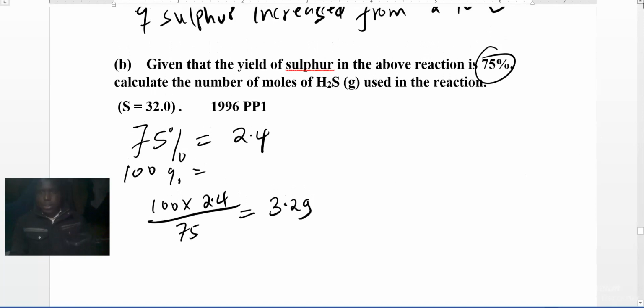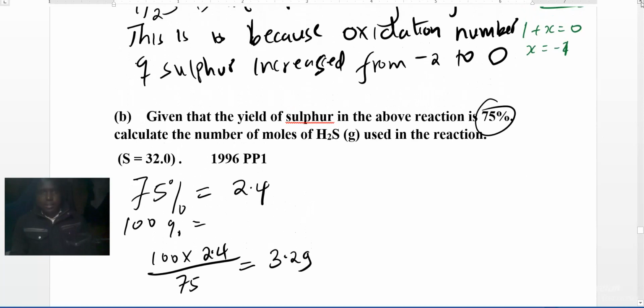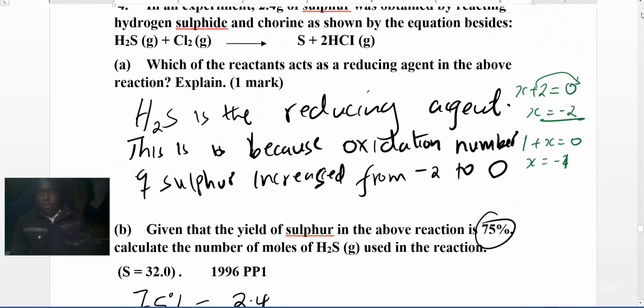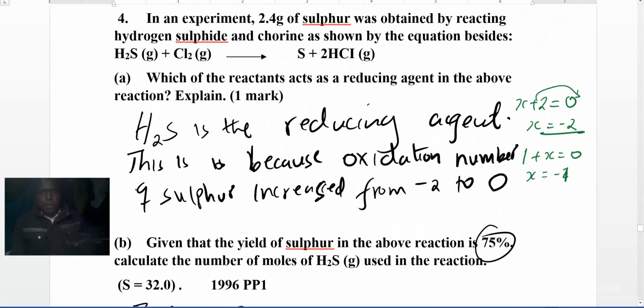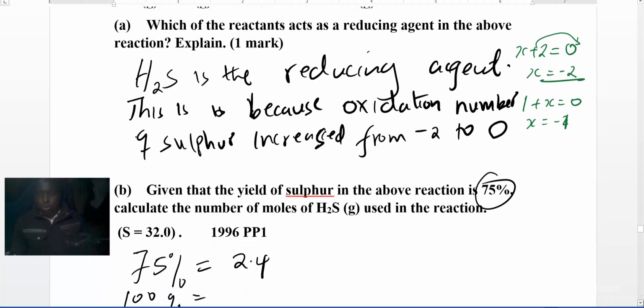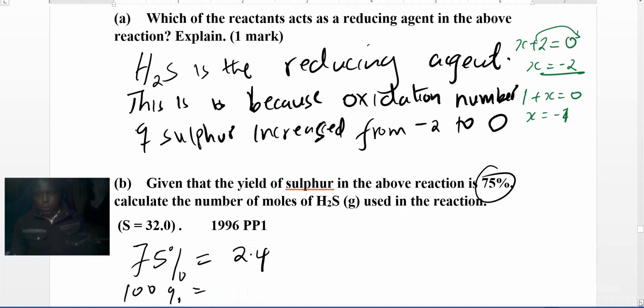Using the information we were given, that 2.4 of sulfur, we are now going to calculate the moles of sulfur, because now we have the RAM of sulfur, which is 32, and 3.2 the total mass.